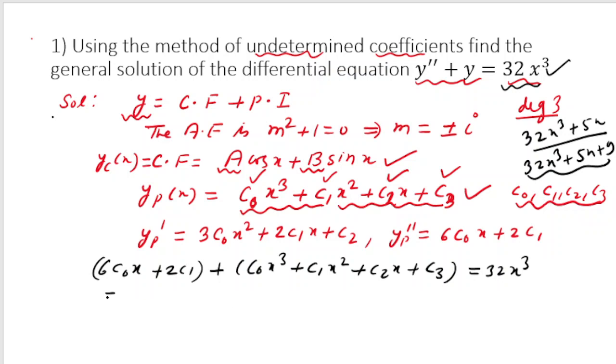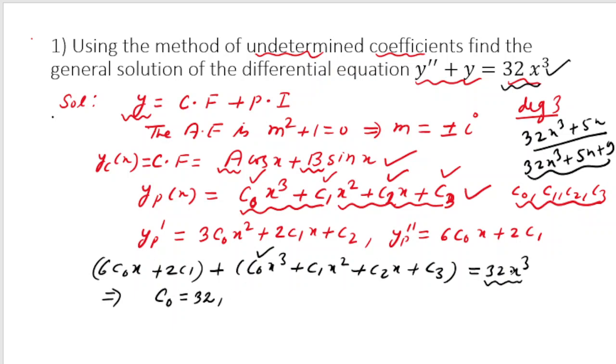So how do you solve it? You have to compare the coefficients of different degree terms. If you look at the right hand side, we have the coefficient of the third degree term, that is 32, and in the left hand side there is just one third degree term, that is C0. So C0 will become 32.